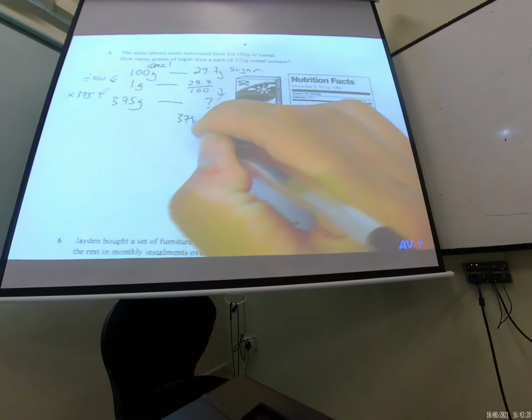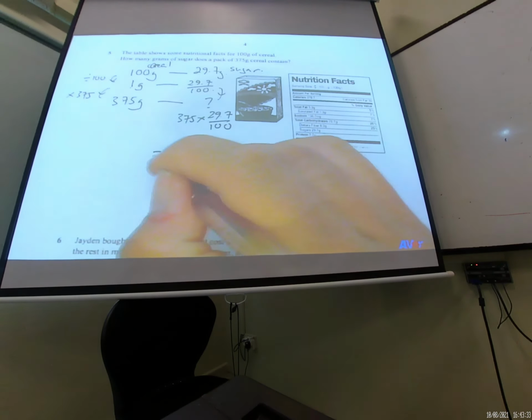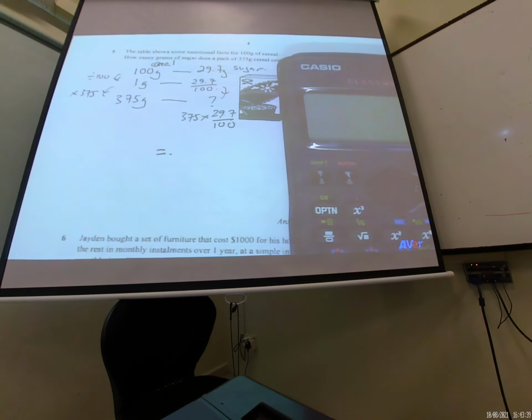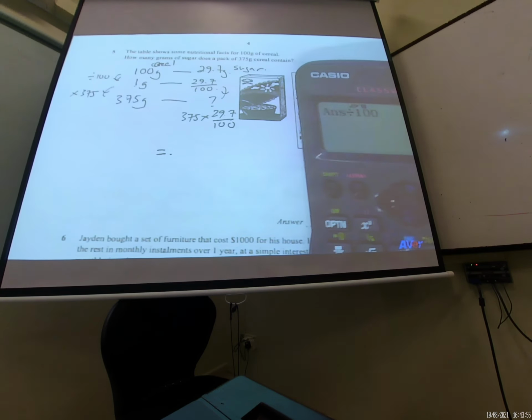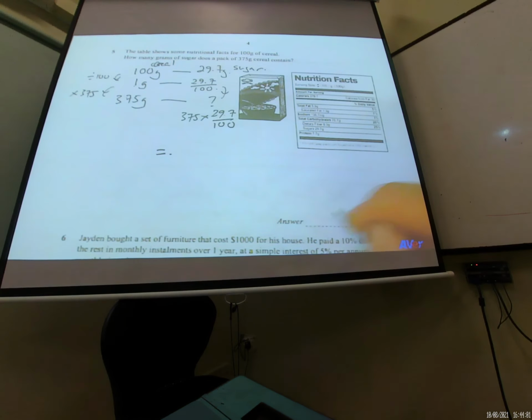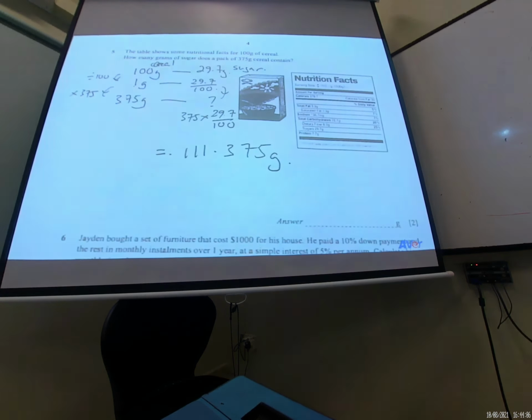So we will have 375 multiplied by 29.7 divided by 100. On the calculator: 375 times 29.7 divided by 100 equals 111.375 gram of sugar.